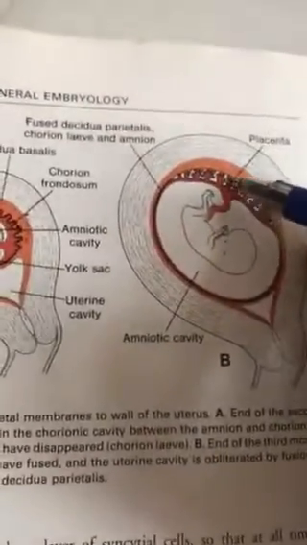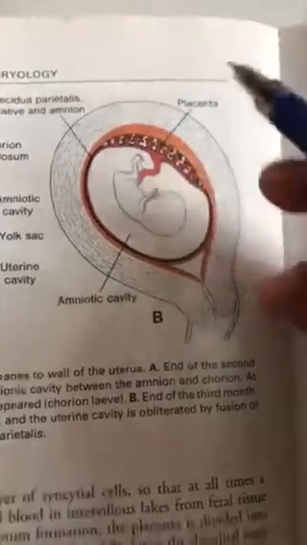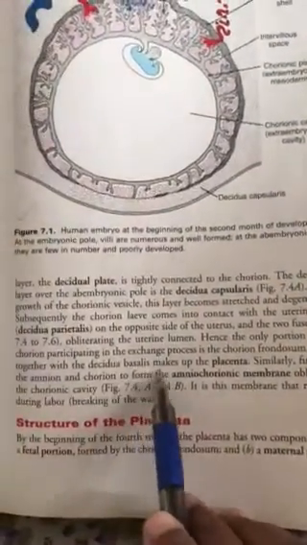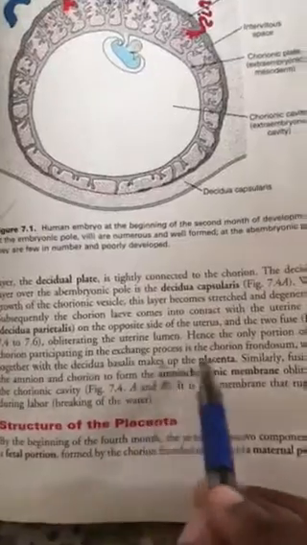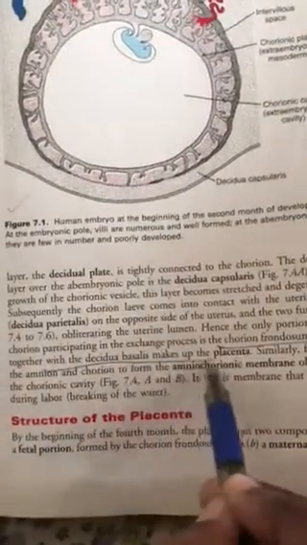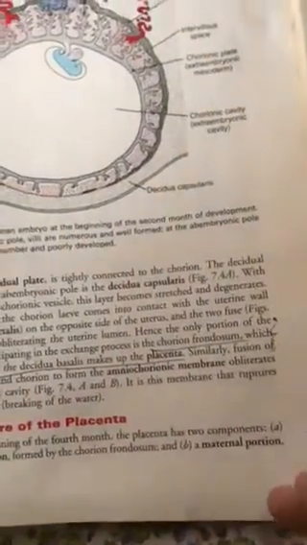It is chorion frondosum. Since it is attached with the uterine wall, only here does nutrient transportation take place. So that's all you can write about the decidua. In future, the decidua basalis together with the chorion frondosum makes up the placenta. That's all about the short notes for decidua.